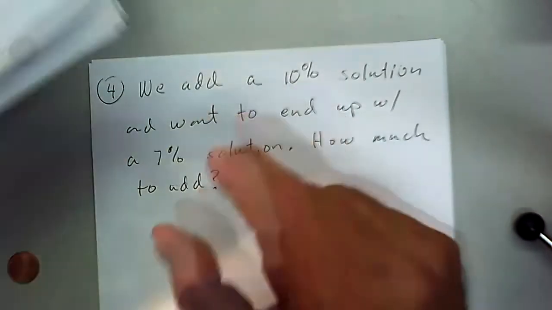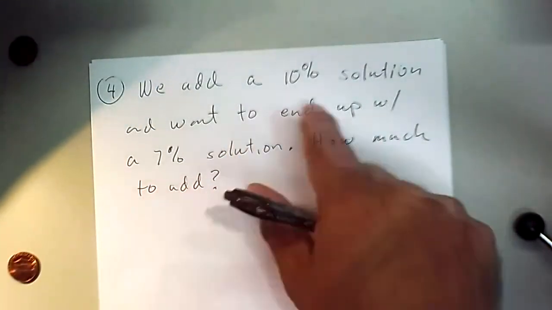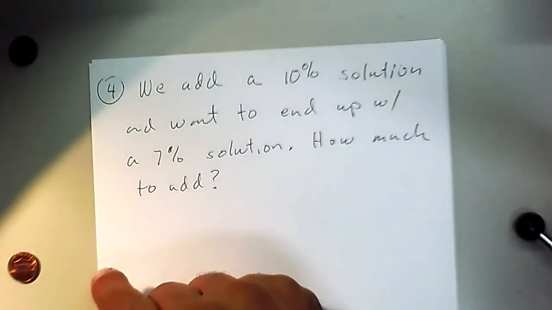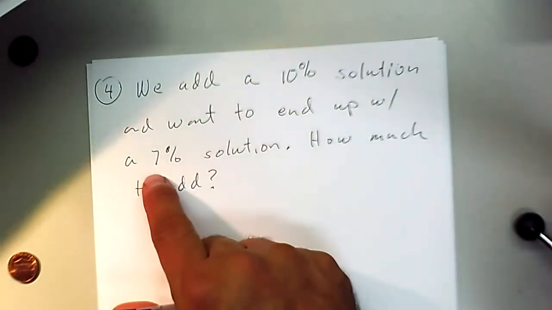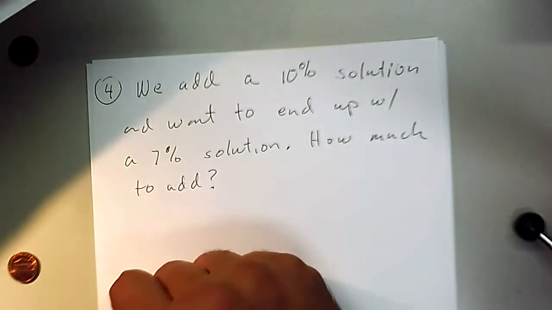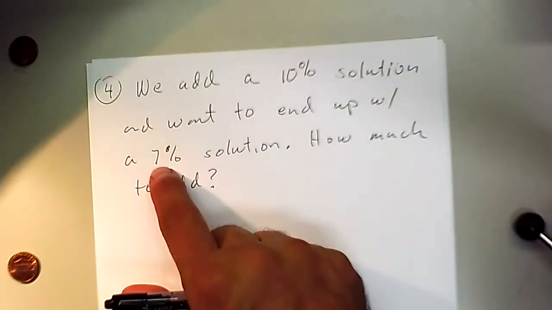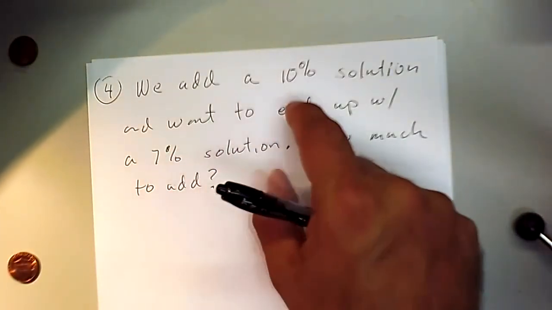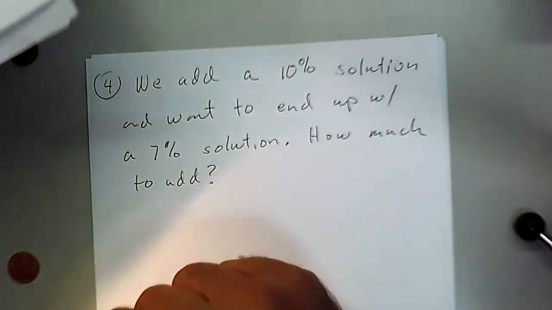When we start mixing it with this weaker solution, we're going to end up with something that is in the middle, between 5% and 10%. We want to reach 7%. Okay, so this is strong. This is weaker. We want something somewhere in between. So how much of this strong one do we need to add to get this much in between?